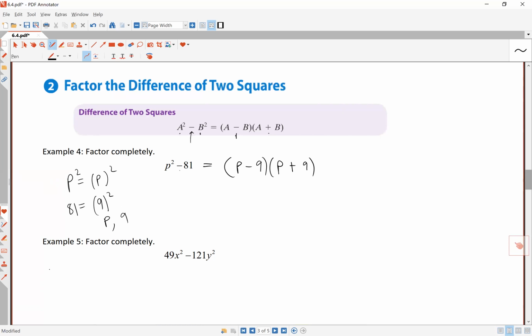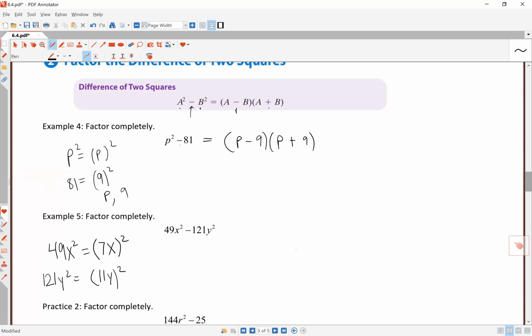Example 5, 49x squared minus 121y squared. We recover their square roots. 49x squared is the square of 7x. 121y squared is the square of 11y. We've recovered our two pieces, 7x and 11y.